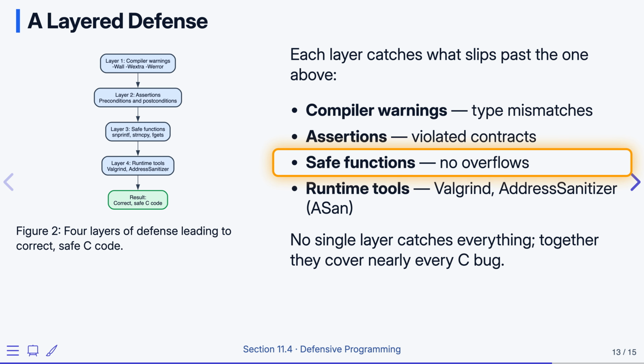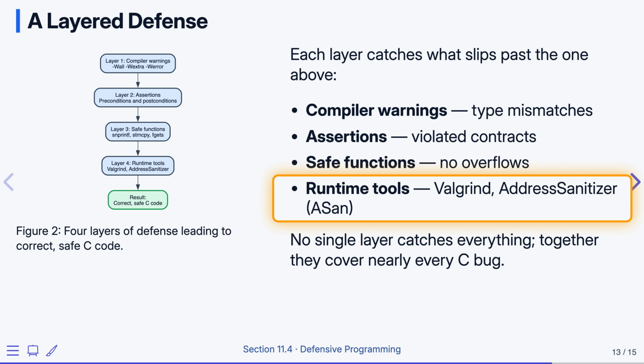Layer 3, safe functions, prevent buffer overflows structurally, because the dangerous operation simply cannot happen. Layer 4, runtime tools like Valgrind and AddressSanitizer, catch the memory errors that survive the first 3 layers. No single layer catches everything, but together they cover nearly every category of C bug.